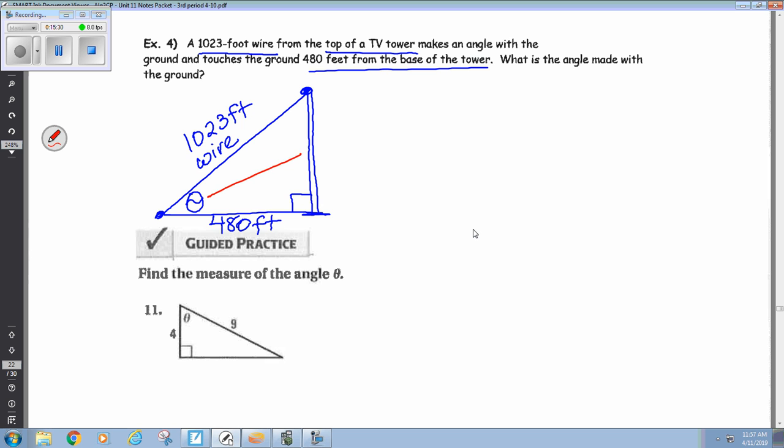Across from your theta is your opposite. Across from the right angle is your hypotenuse. Your 480 would be your adjacent. So you know something about the hypotenuse, you know something about the adjacent, so that means cosine is going to get used here.